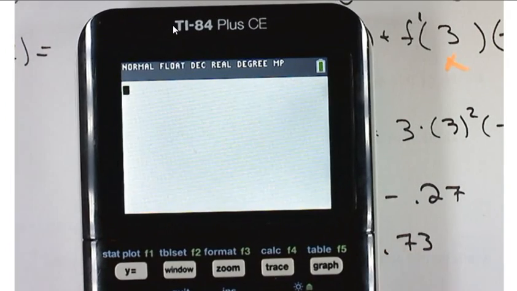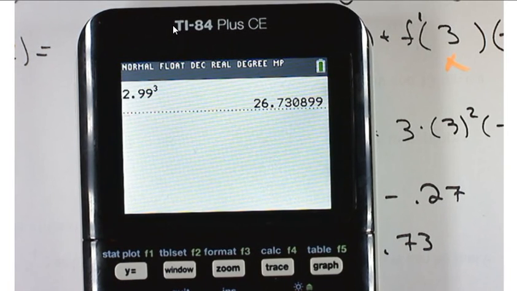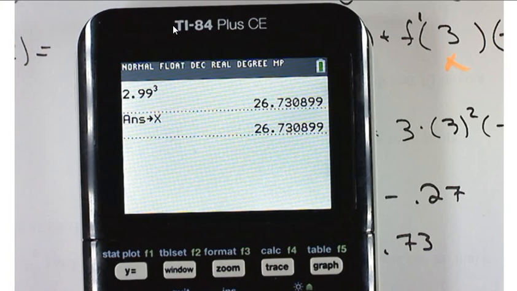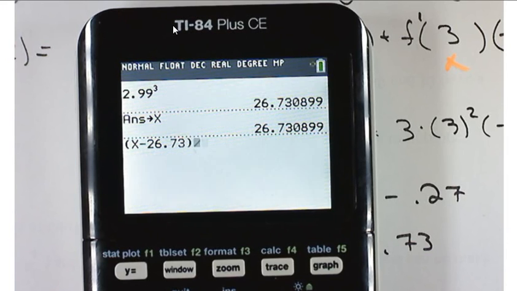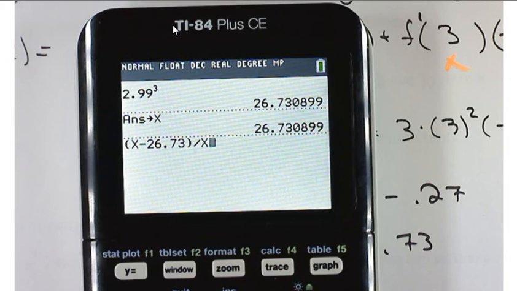So the true value would be 2.99 raised to the third power. Get some awful number like that. And if I want, let's store that in x. I'll take parentheses x minus 26.73 divided by x times 100.